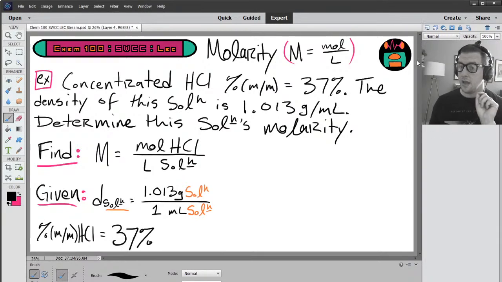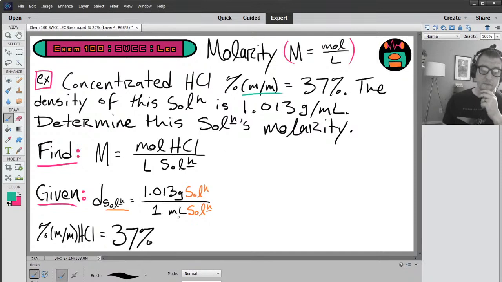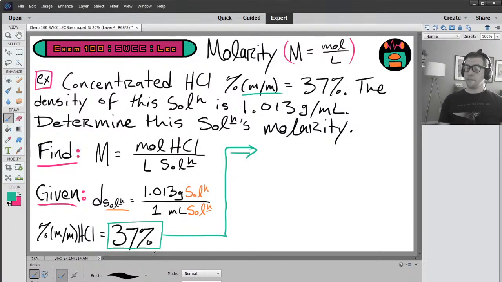All right. Now, if you're looking at these two things and you're like, I don't see a way forward, you're not alone. This can be one of the harder problems to visualize, which is why I want to take my time to do it. If you're feeling stuck and you're dealing with any percentage concentration, percent mass, percent volume, percent mass to volume, take a moment and think about what this 37% means.